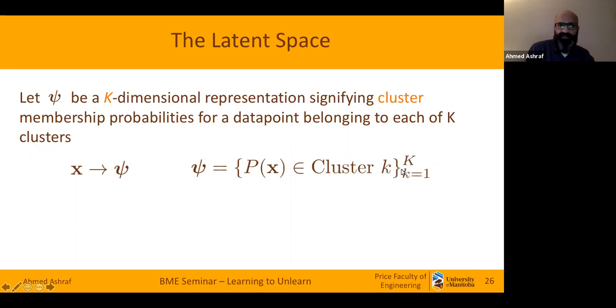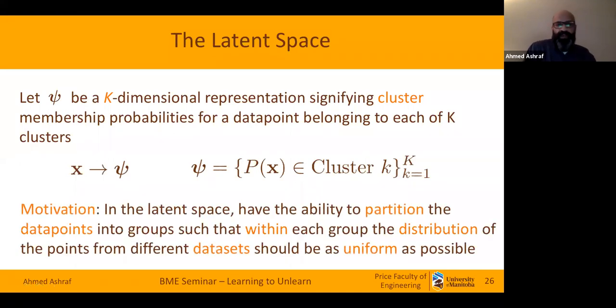Because there are capital K such clusters, I will have capital K such numbers. So the whole idea is that if I share with you this cluster membership, which is my new latent representation, that should not allow you to infer dataset membership.